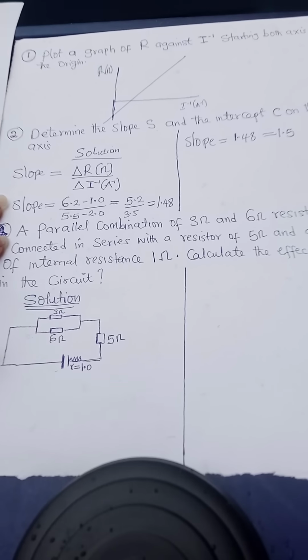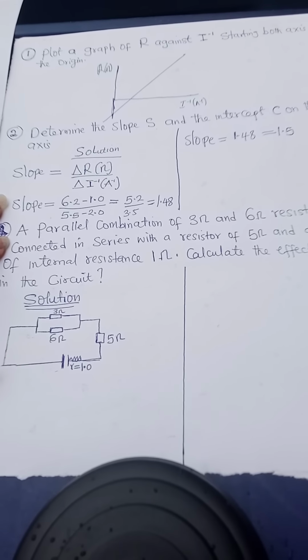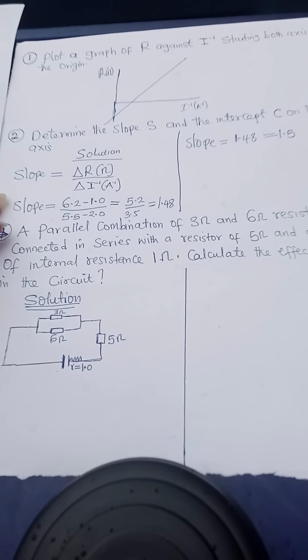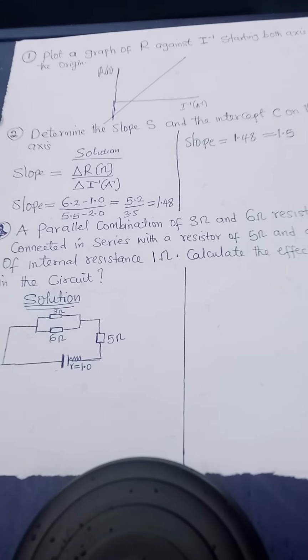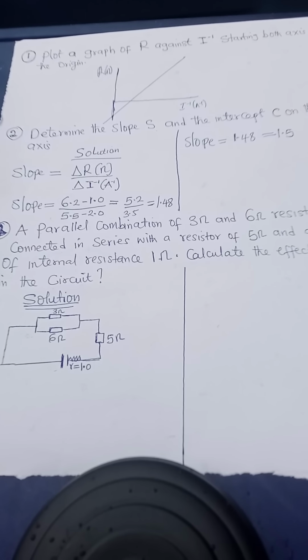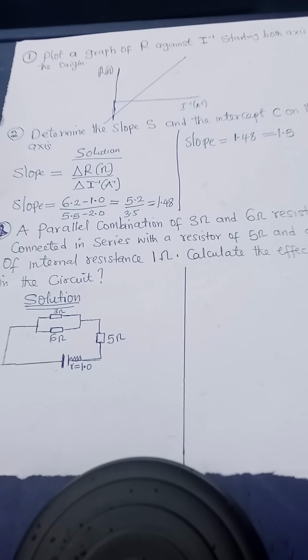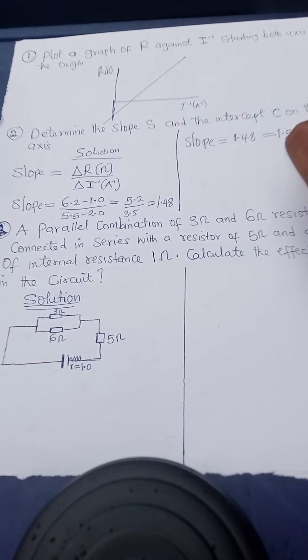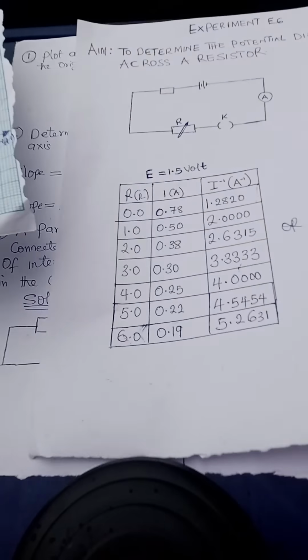If you can remember what I said before, if your readings and your graph are correct, your slope must represent the value of your E, the EMF of the cell. Look, I got 1.5 now as my slope, and check my readings.